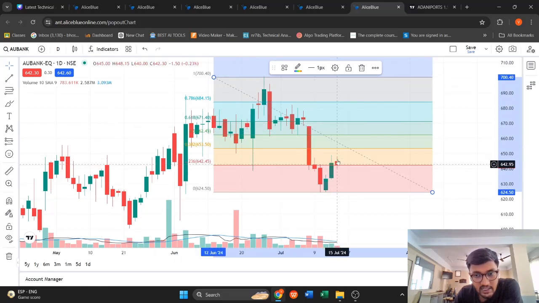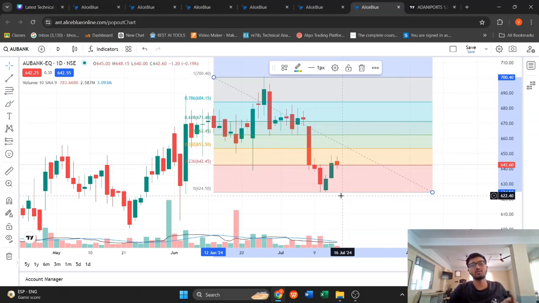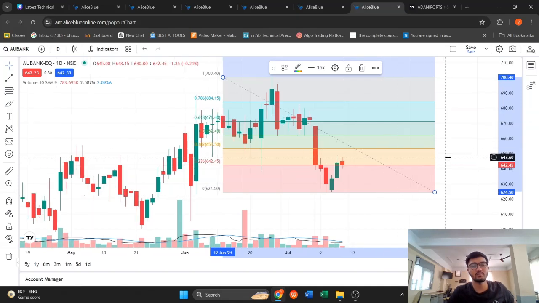Today it took a rejection at the 23 percent level. So now here it can take a resistance at this level, and again it can go down. Otherwise it can take resistance at the 38 percent level or 61 percent level. So that's how you can analyze a stock with the help of Fibonacci retracement.